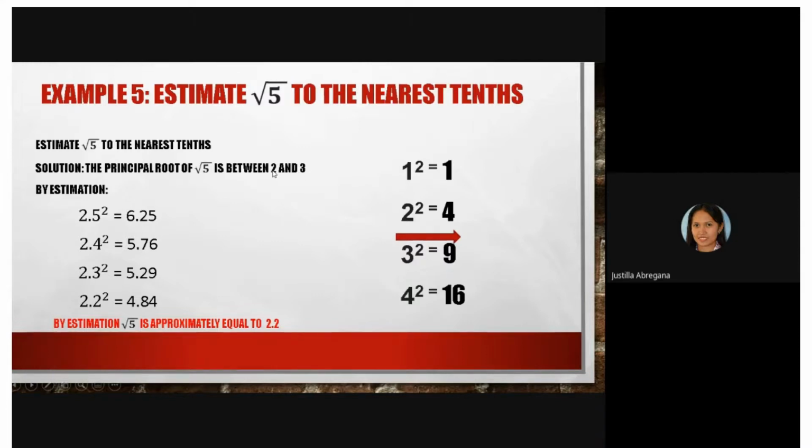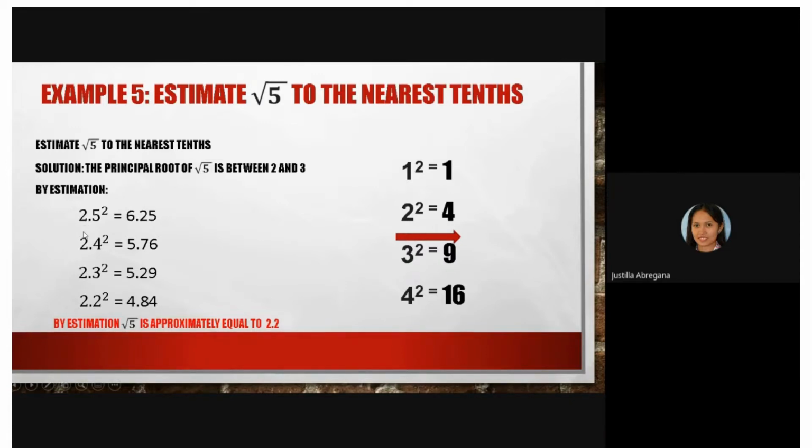So we'll try decimal numbers between 2 and 3. Let's start with the middle number, 2.5 squared. 2.5 squared means 2.5 times 2.5, that is equal to 6.25. So observe that 6.25 is larger compared to our radicand 5.